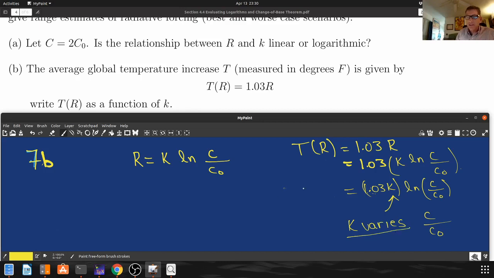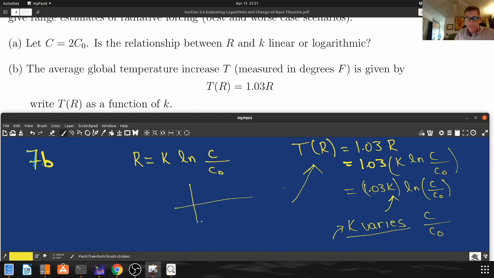So basically, using this function, you can experiment, given fixed values of C and C naught, with different values of K. Remember, the constant K has to be determined experimentally, and it will have some kind of graph that will be more or less like an exponential graph.